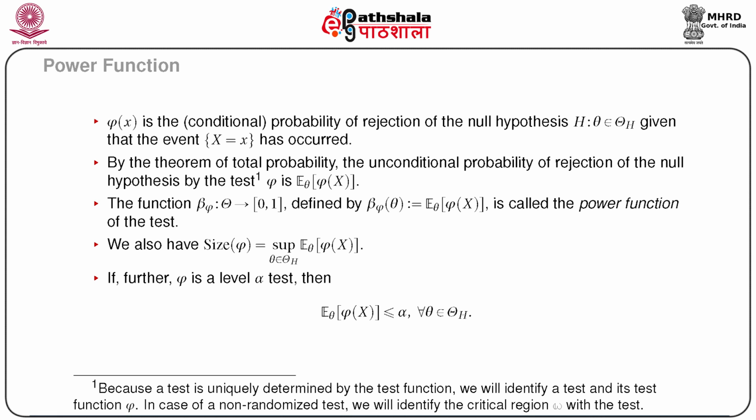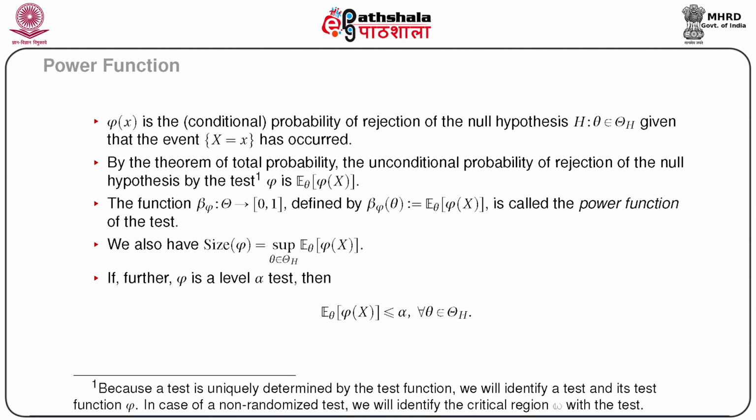It is clear that when H is simple, that is, script Theta_H equals theta naught, then there is no need of taking the supremum, and the size of the test is equal to the expectation under theta naught of phi(X).